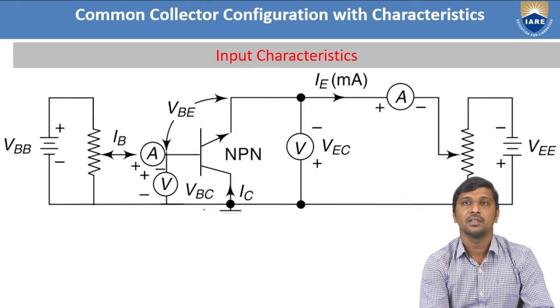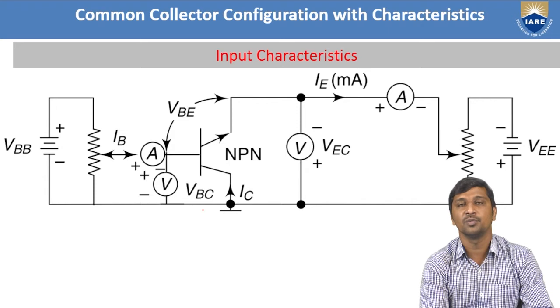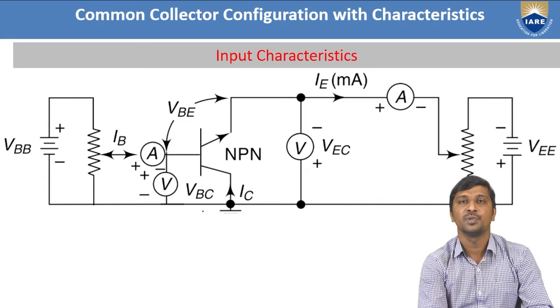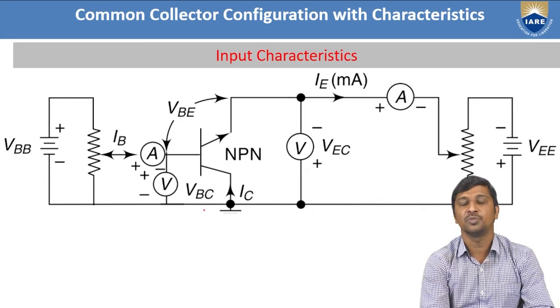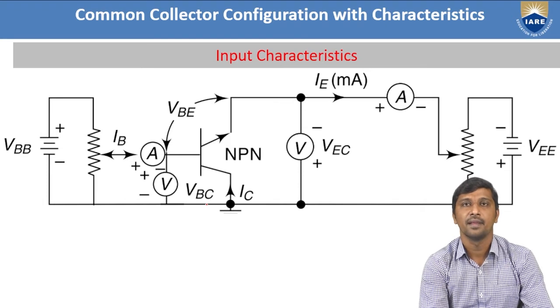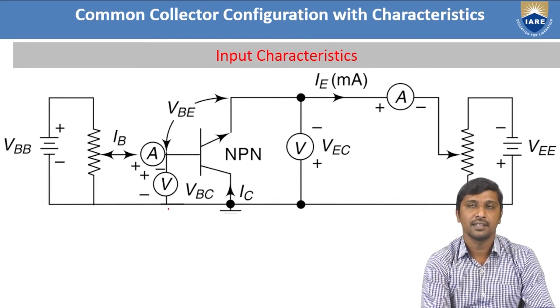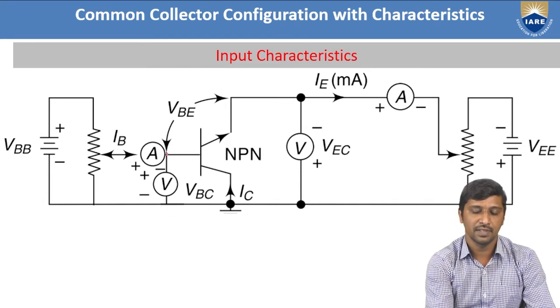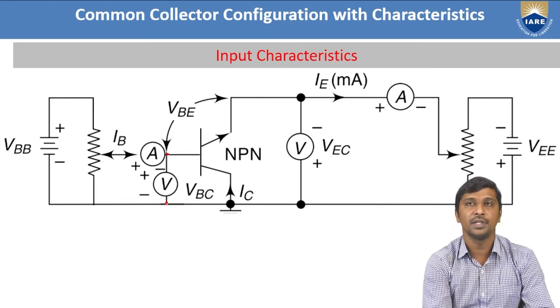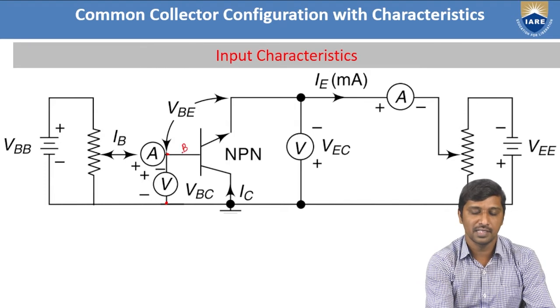And we know that if you want to plot the input characteristics, we need to plot the characteristics between input voltage and input current by keeping the output voltage constant. The input voltage is measured between two terminals, the base terminal and the collector terminal.